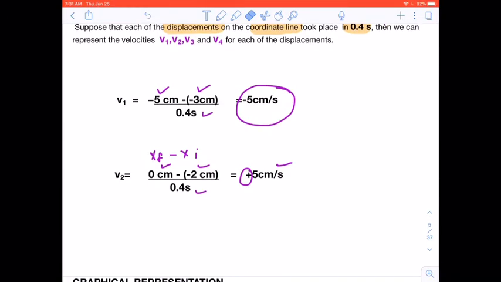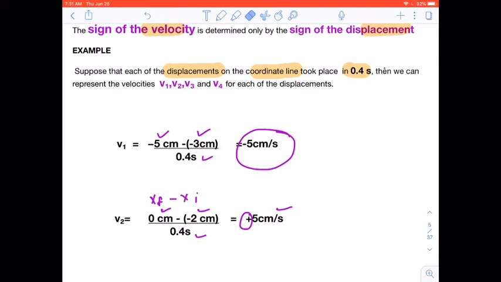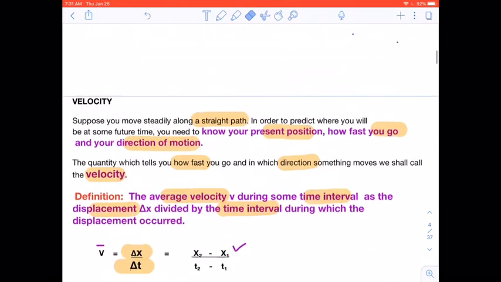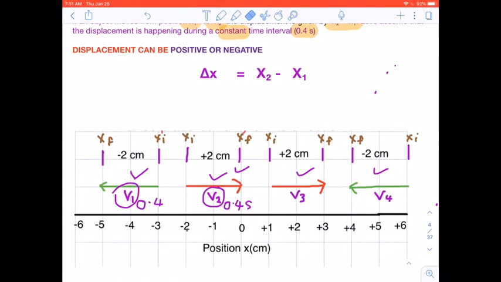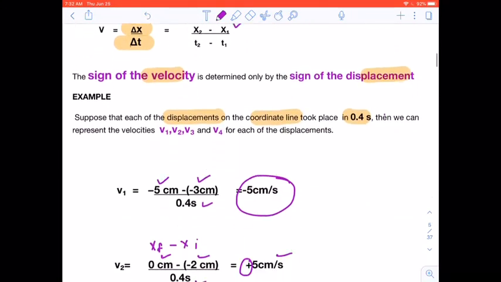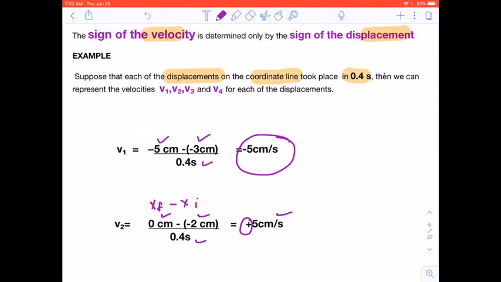So what is important here is that you can see your velocity there and here is in the same direction, and there and there it's in the opposite direction. So the velocity does not tell you on which side of the coordinate line that particular particle is moving.